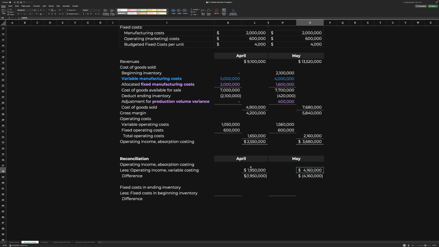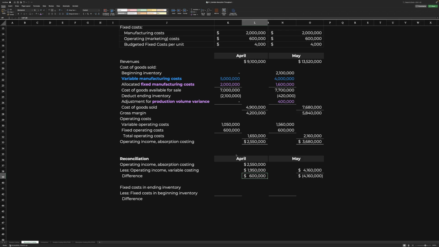If we take a look at the operating income for absorption costing, it was $2,550,000, meaning a difference between absorption costing and variable costing was $600,000 in operating income.